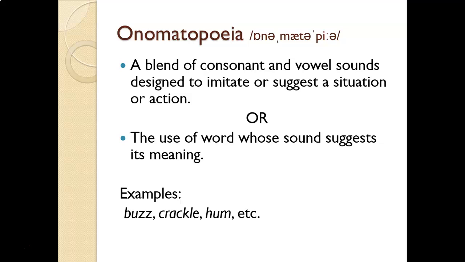When a bird hums, it is basically humming, and this gives that sound. Like the word chirping. Chirping is the word that is used for the sound or the voice of birds. So such words, when they suggest either the situation or action, are basically giving you the idea of onomatopoeia.